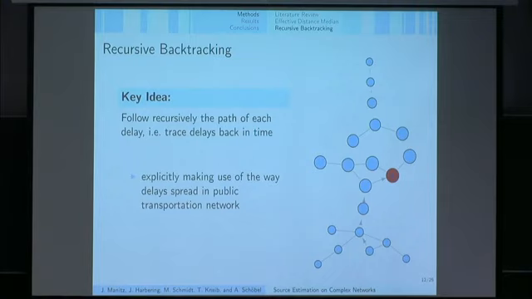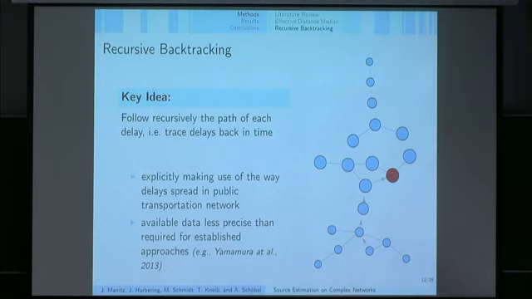And I have to say from the beginning, it works amazingly for public transportation, because it really considers the way delays spread. So we require that the source is constantly introducing delays into the network, so that we can follow them, and it's not introducing something and stopping, because then the method actually breaks down.